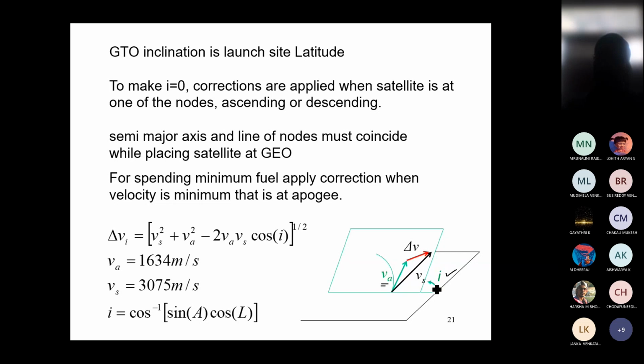Here, this inclination angle is the angle in between the orbital plane and the equatorial plane.